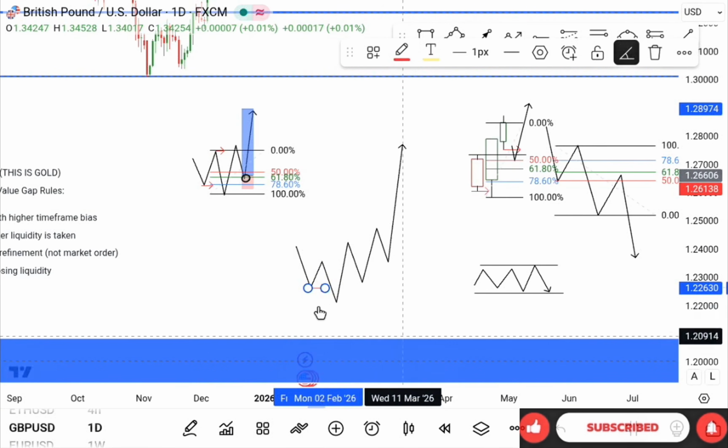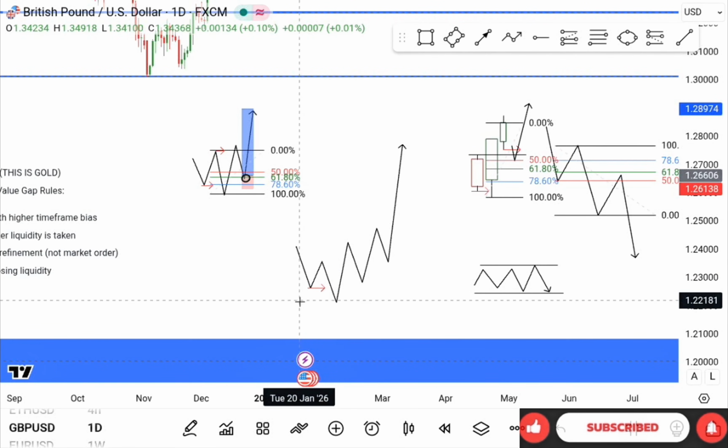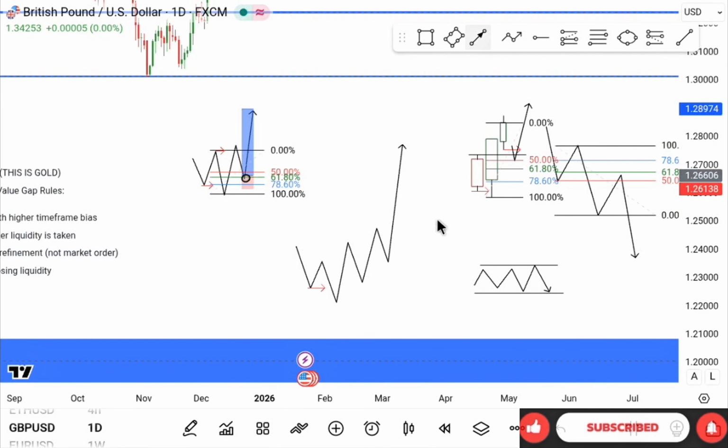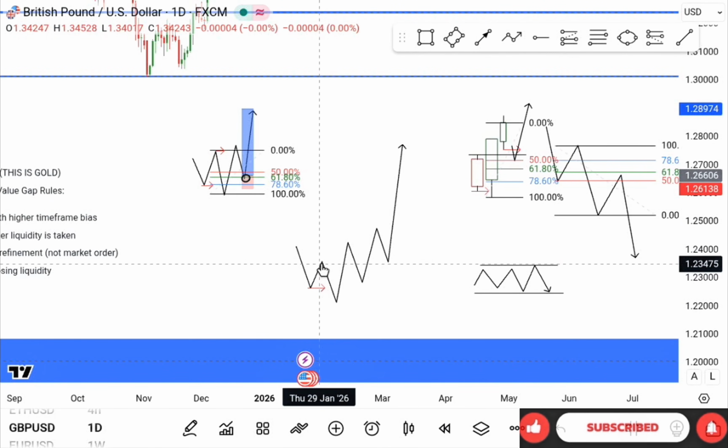Okay, number one, we've seen that this market came here and swept liquidity from our zone that we anticipate the market to turn bullish or bearish from. Did it sweep liquidity?